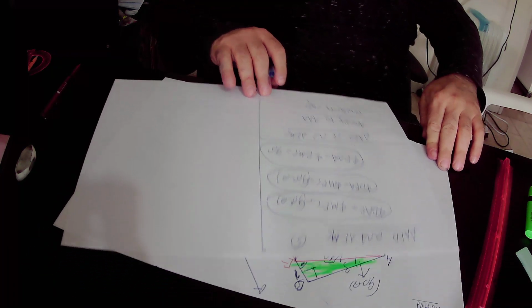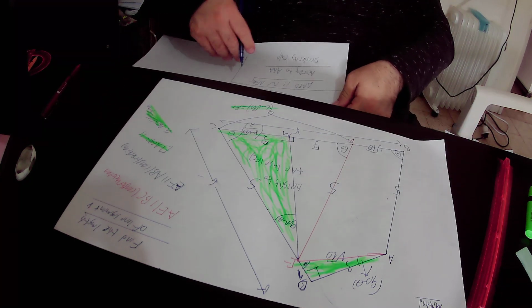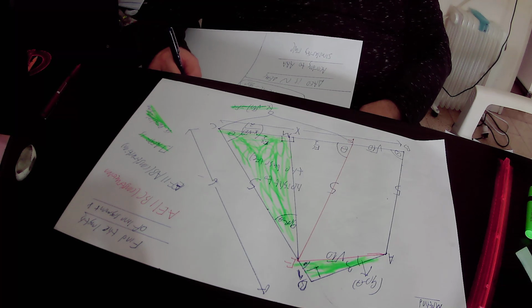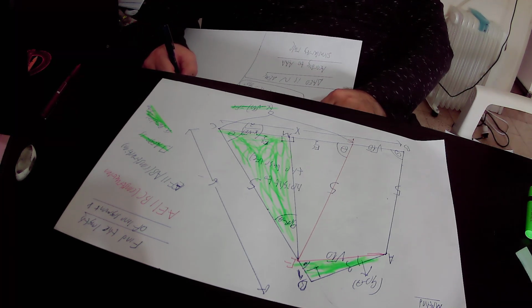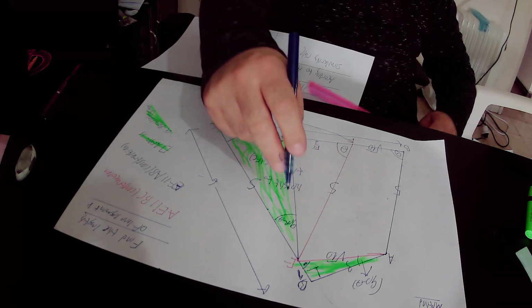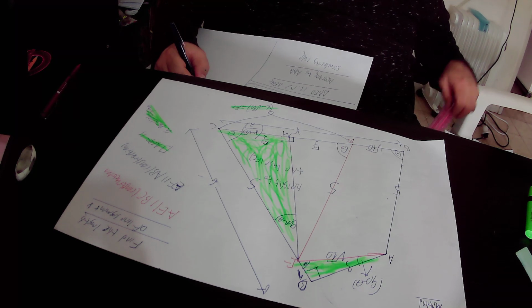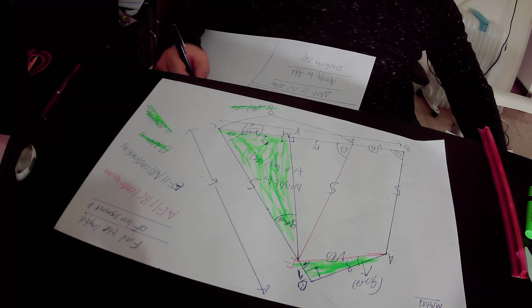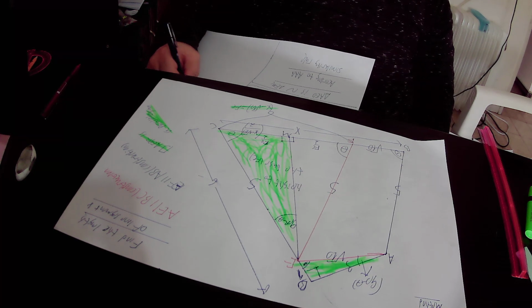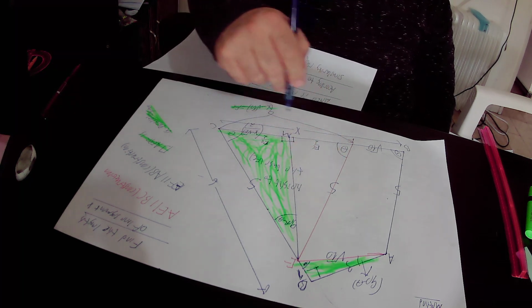And from the fact that those two right green triangles are similar to each other, we will conclude that AE over EC is equal to DE over MC.